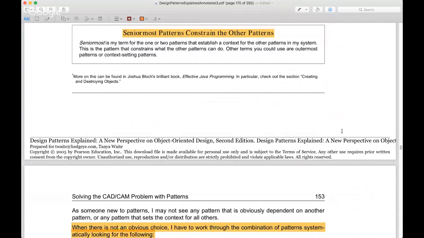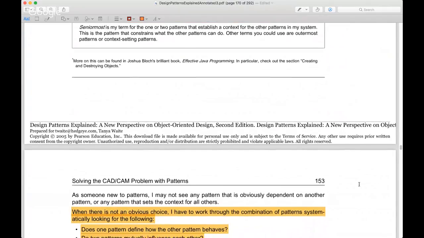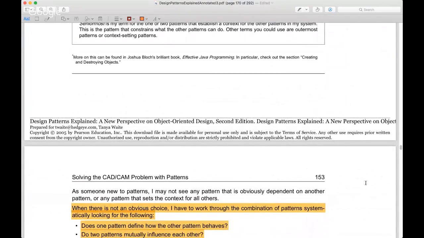And I'm starting to believe that if you work at the top, you find your senior-most, and you find a pattern that works for the senior-most context, then you've solved that level, and now you go down, and senior-most is applied to the next level down, and you just keep doing that all the way down until your system is defined. And I applied that retrospectively to this other project I was working on, and it seems to work pretty well.